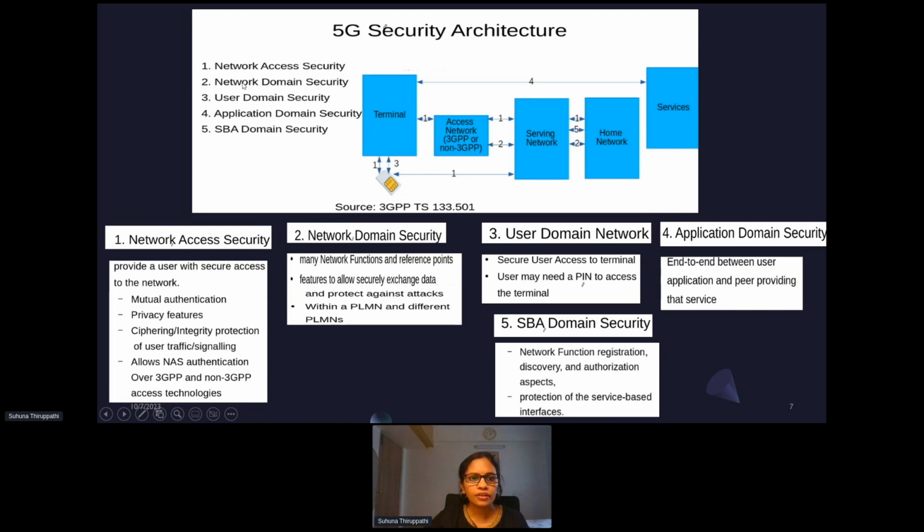There are five security domains available: network access security, network domain security, user domain security, application domain security, and service-based architecture domain security. Network access security is the one that goes from the terminal to the access network, to the serving network, to the home network.